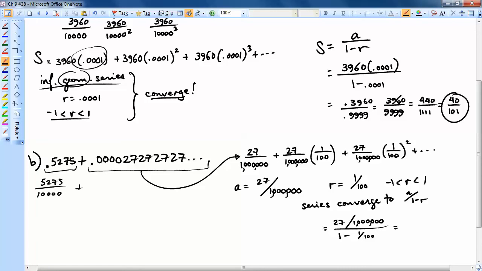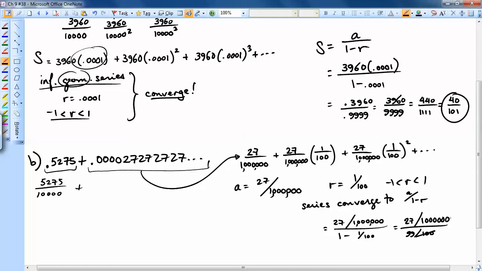Let's see, that's going to be 99 over 100. So, yeah, that's right. Oh my gosh, this is so gross. All right, so that's going to be 27 over a million over 99 over 100.